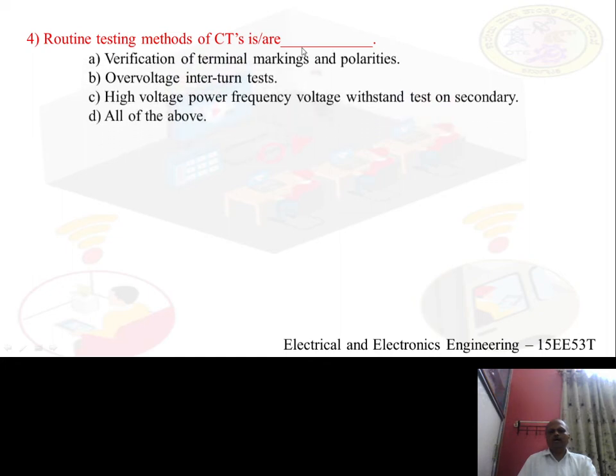Your options are A. verification of terminal markings and polarities, B. over voltage inter-turn test, C. high voltage power frequency voltage withstand test on secondary, D. all of the above. Routine test includes all the first three, A, B and C. Therefore, your answer is D, all of the above.